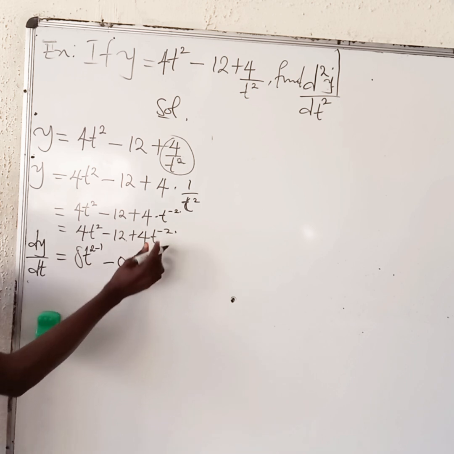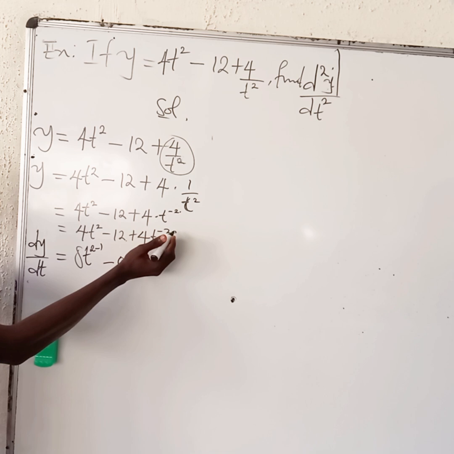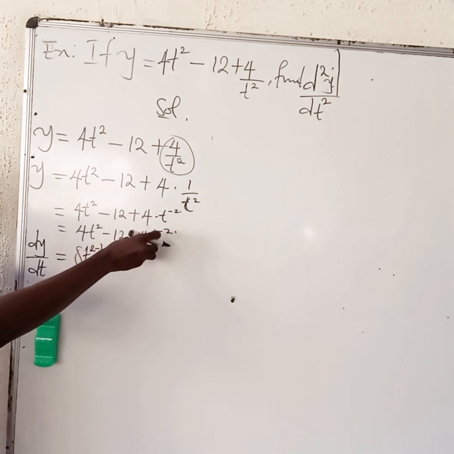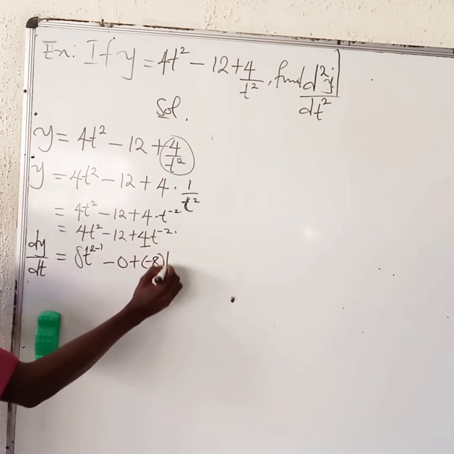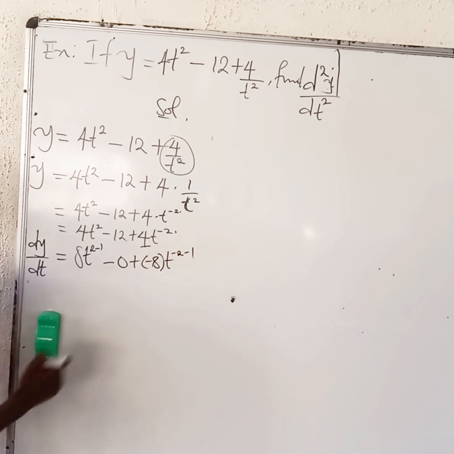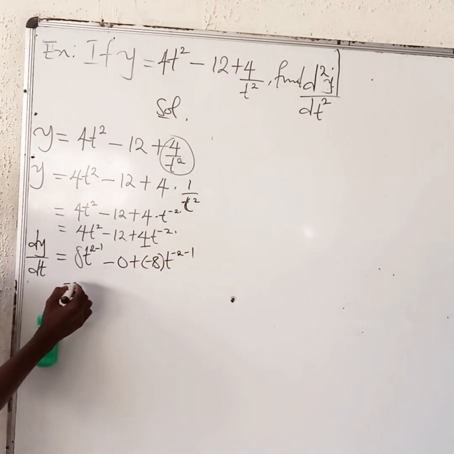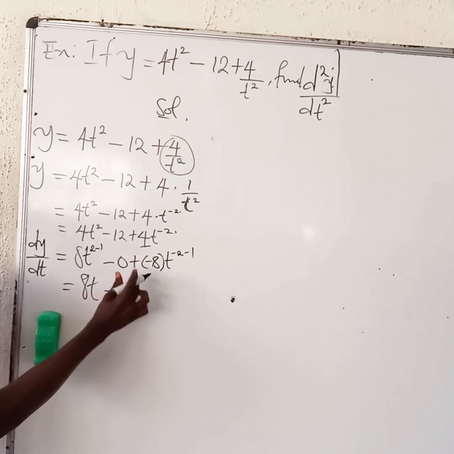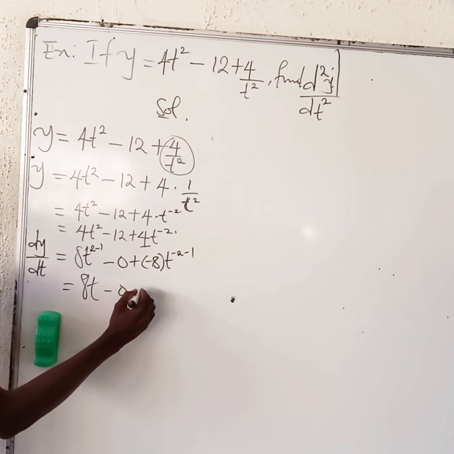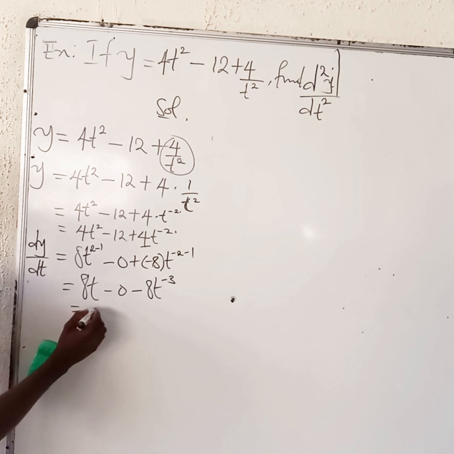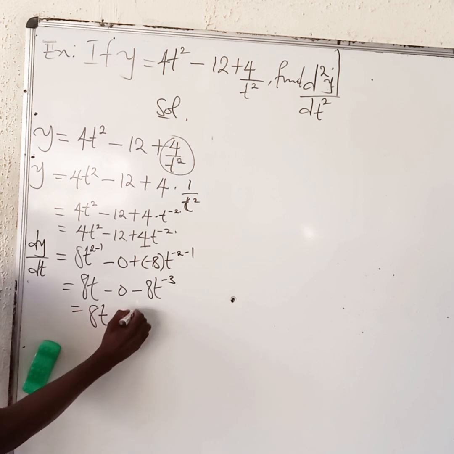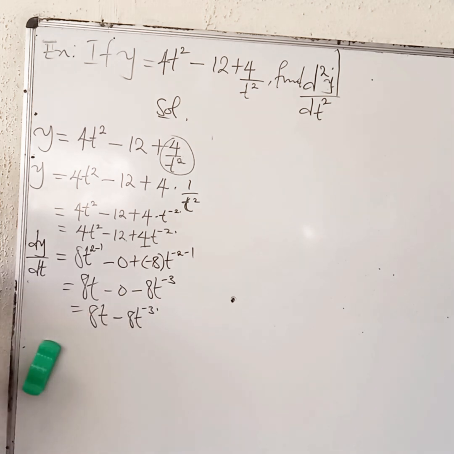Then, if you look here, this is minus 2. So minus 2 is going to multiply the coefficient that is there. We are going to have minus 8 into t raised to power minus 2 minus 1. So that is what the answer is now going to be: 8t minus 0, plus times minus is going to give you minus 8t raised to power minus 3. So your final answer is going to be 8t minus 8t raised to power minus 3.